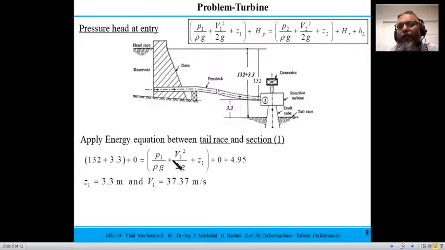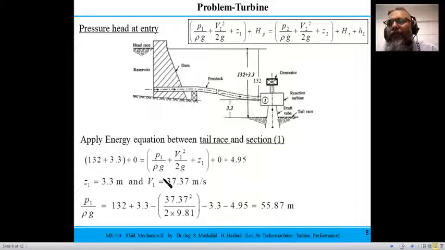The only unknown in this equation is P1 over rho g. After substituting all the values, I got the magnitude of P1 over rho g, which is the pressure head available at section 1, the runner inlet.